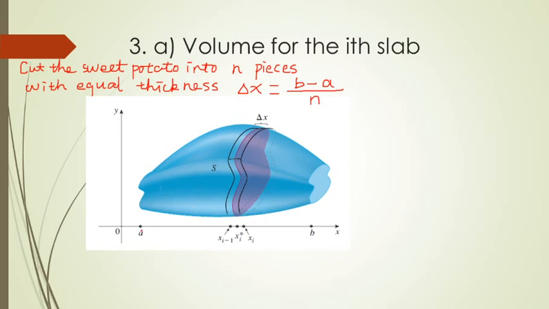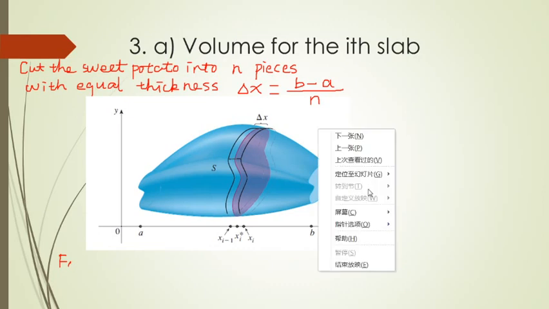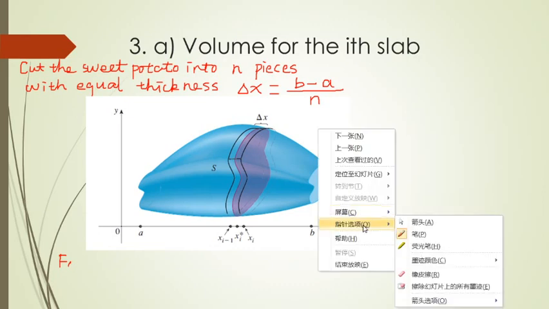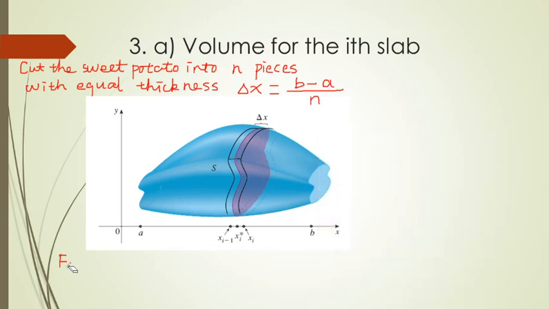And here, from A to B, we can still form n subintervals. So we subdivide the interval AB into n subintervals, like what we did in the previous chapter.